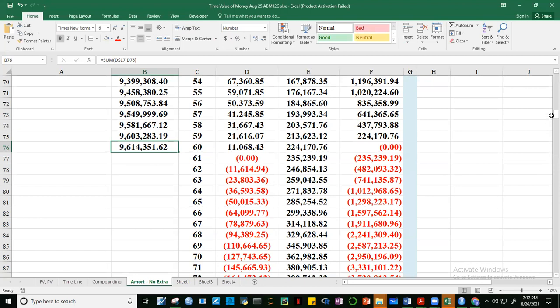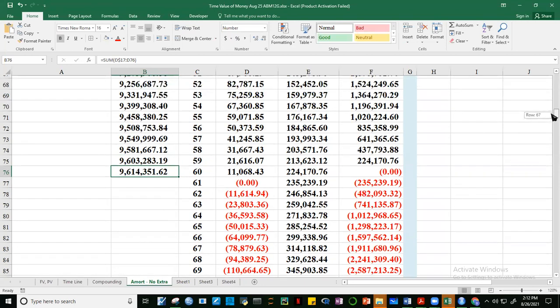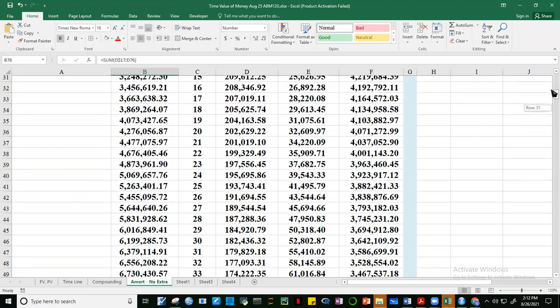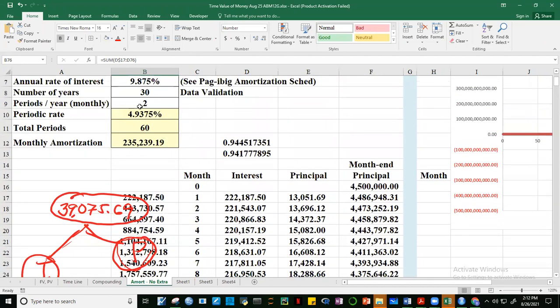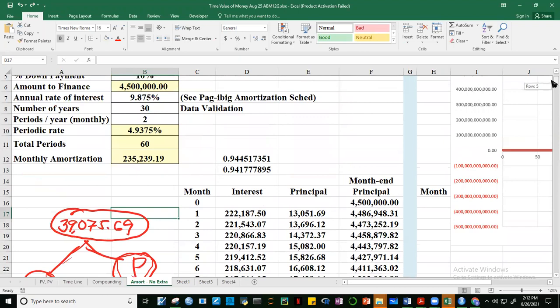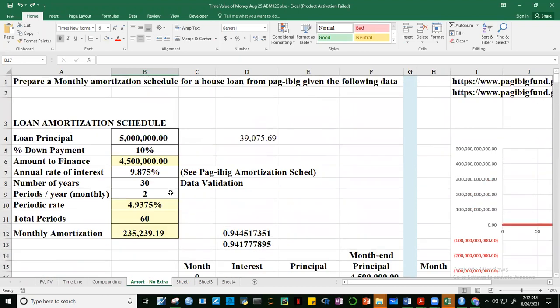Okay, so kung 9.6 pa rin, malaki pa rin yung interest. 9.614 pa rin yung interest kung semi-annual yung periods natin. Okay, sige, ibalik ko na lang yung example muna natin ha. Okay, we'll discuss this more in greater detail. Gawin kong ulit 12 to 12.